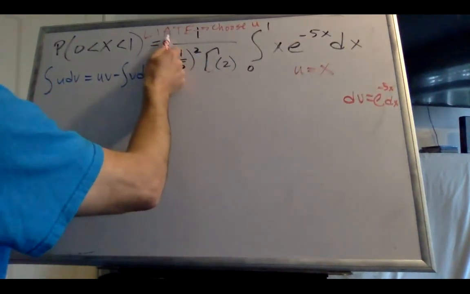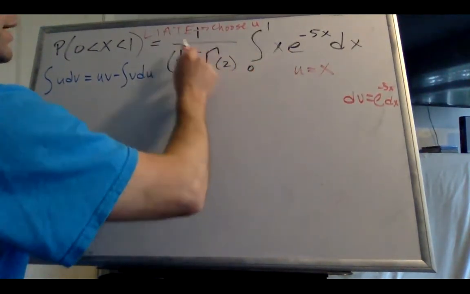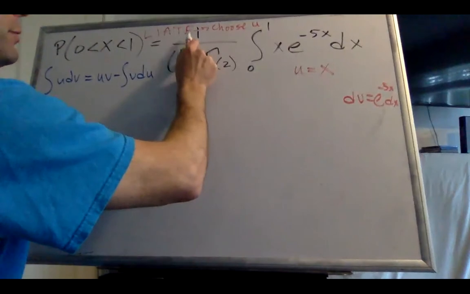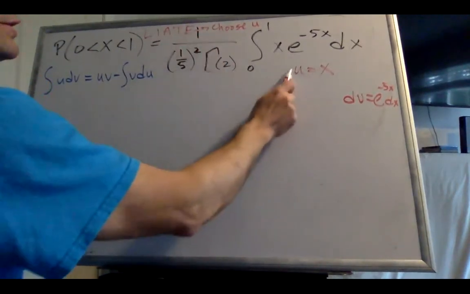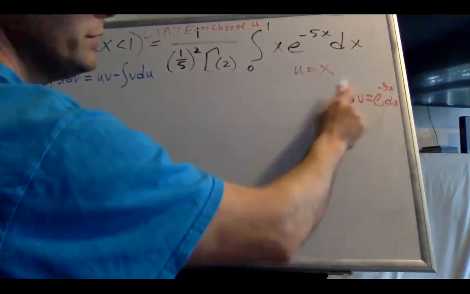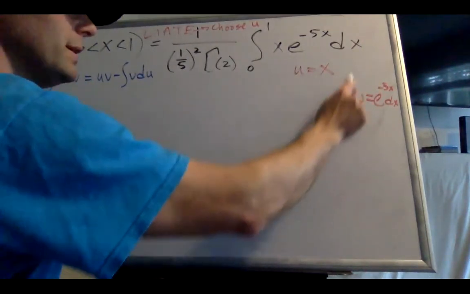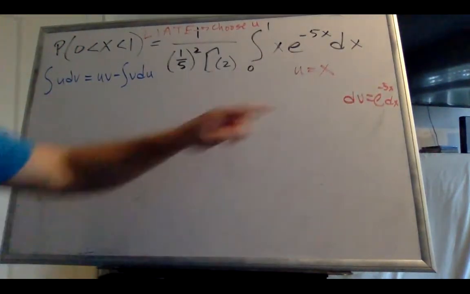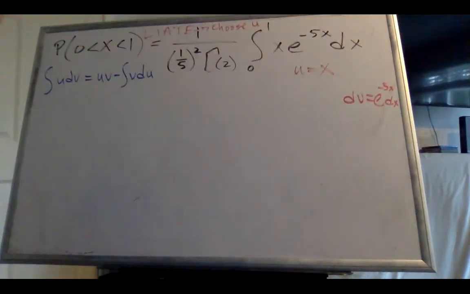If you have an algebraic expression like x, that's your u. Trigonometric, and then exponential. E to the x, you never want to choose to be your u because you want u to be something you can easily differentiate. And the rest of it, whatever dv is, you want to create v, so you hope that you can take the antiderivative of dv, which is why you love e to a power, because you can easily take that antiderivative.